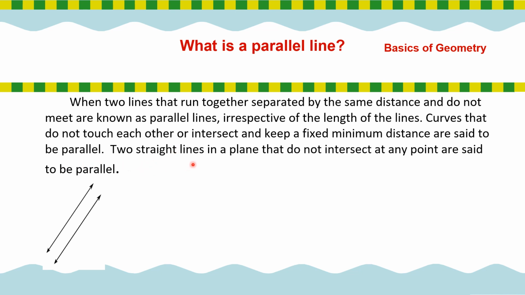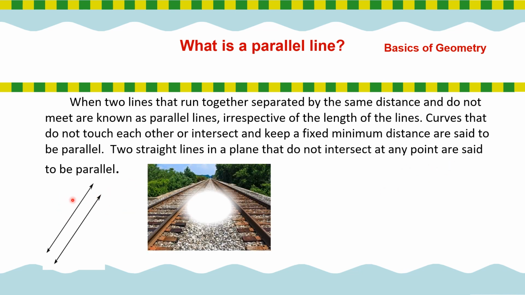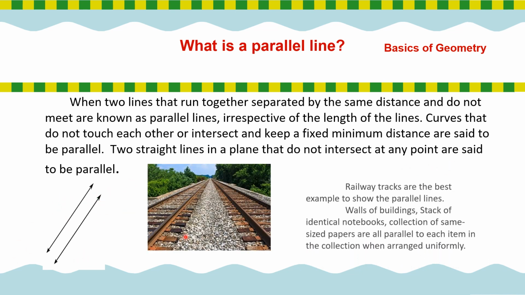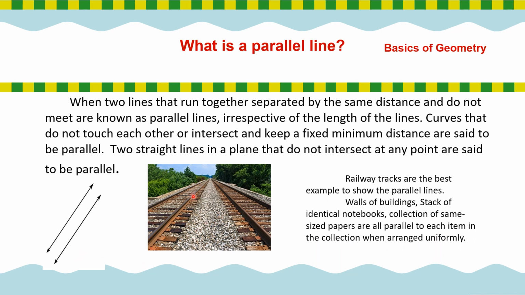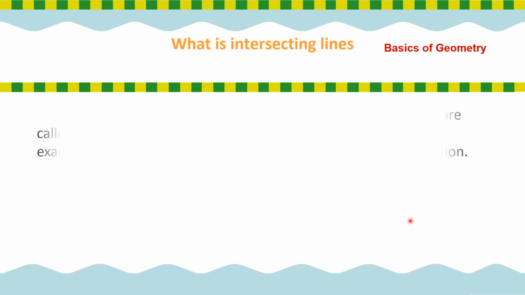The two straight lines in a plane that do not intersect at any point are said to be parallel. Okay, so we have here the parallel lines. An example is this railway. Railway tracks are the best example of parallel lines. Walls of the building, a stack of identical notebooks, a collection of same-size papers are all parallel to each other in a collection when arranged uniformly.